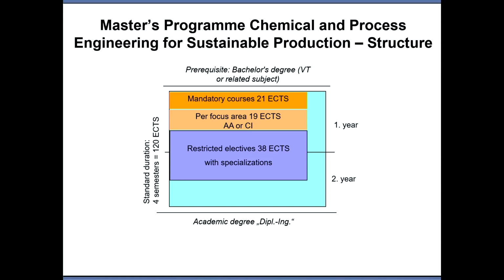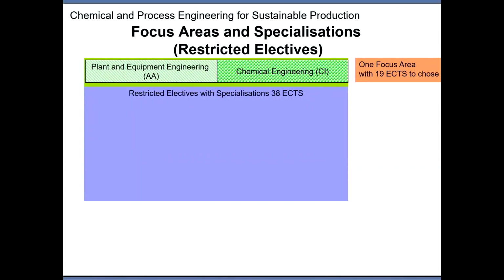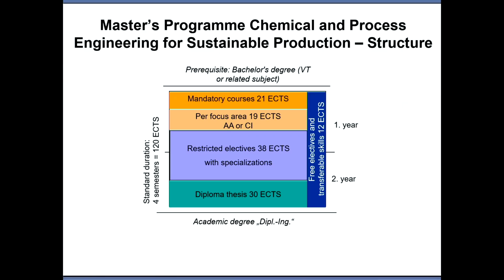These restricted electives have to be chosen from specified modules in a specified schema to form specializations. The diploma thesis gives another opportunity for specializations. In addition, there are some free electives for acquiring knowledge according to the individual interests.